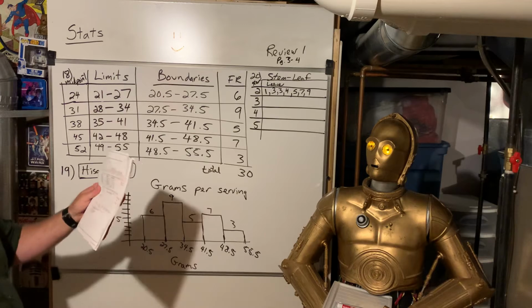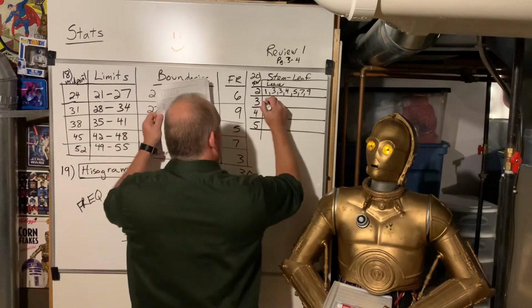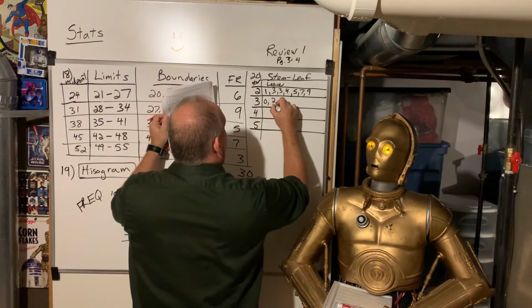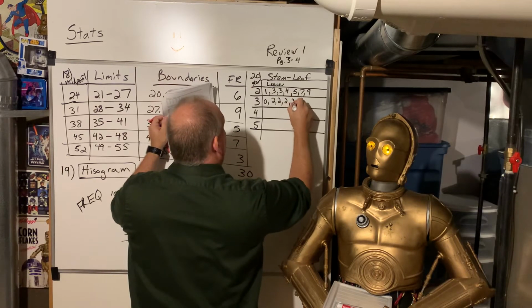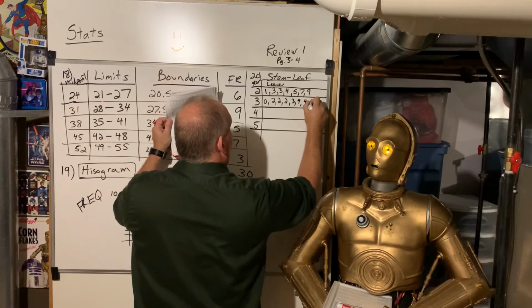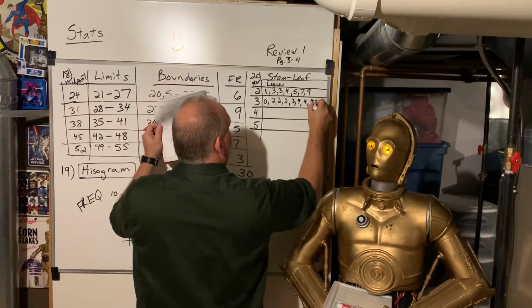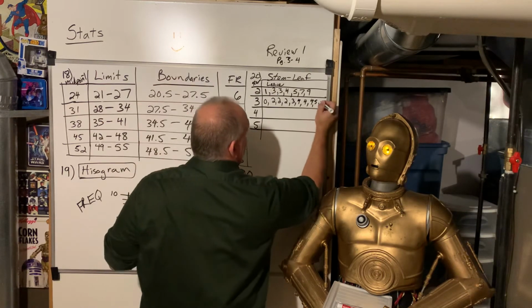All right? 30s. We have 30. We've got 32, 32, 32. We've got 33. We've got 34, 34, 34. We've got 35 and 38, 38.